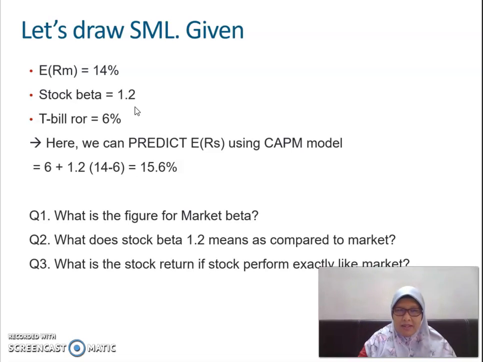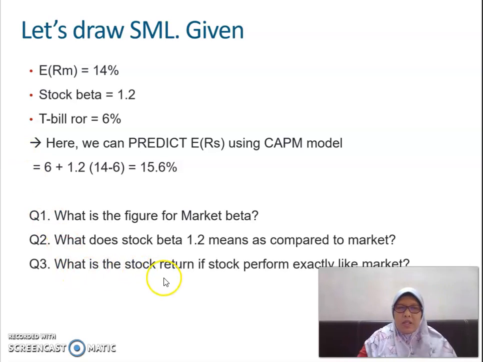It means that your stock has a higher risk than the market risk. Remember just now, the market beta is 1. 1.2 means that it's riskier.